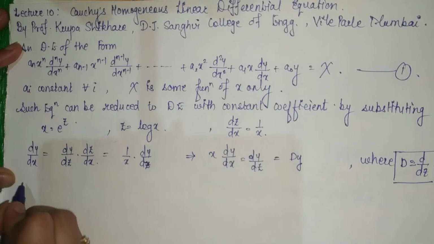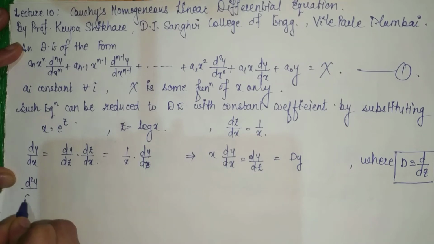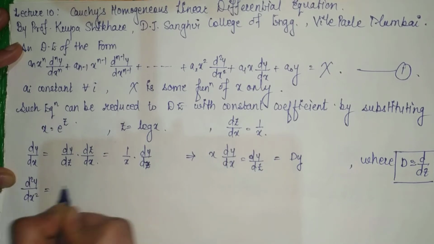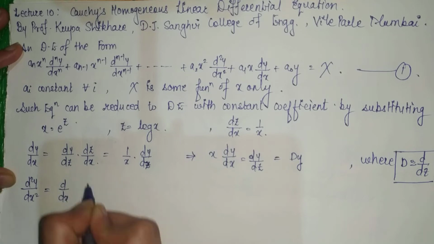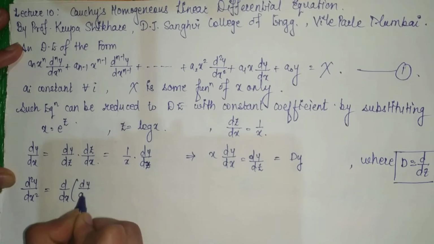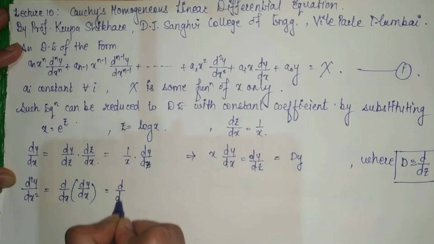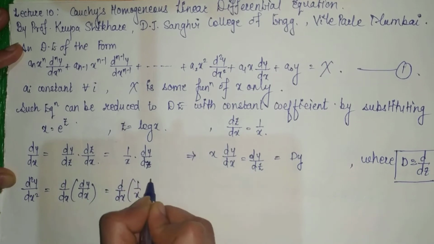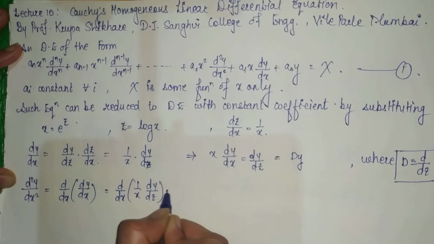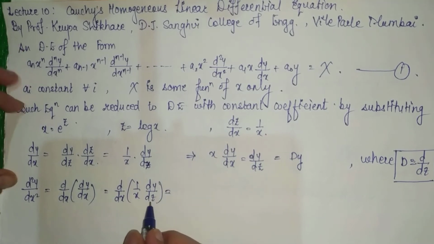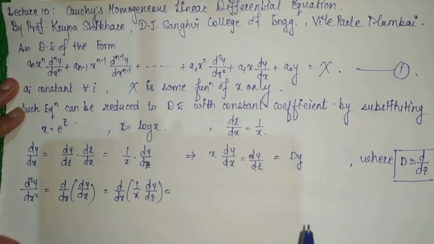Now on similar lines we can replace d^2 y by dx^2 also. We can rewrite this as d by dx of dy by dx. dy by dx we have found already, which is d by dx of 1 by x into dy by dz. Now let's use the u into v rule, because after differentiating with respect to z this may also be some function of x.